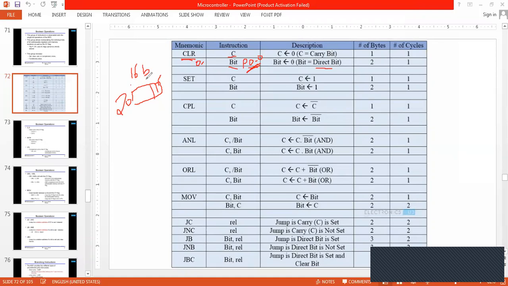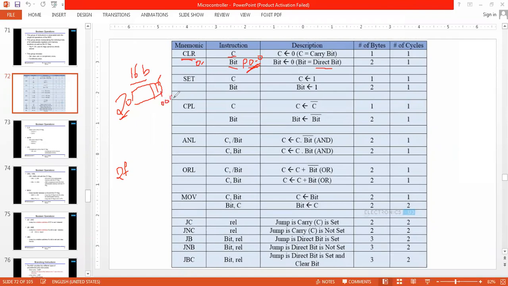The 16 bytes are from 20H to 2FH, correct? This is the address, and in that 20H, the address of the first bit is going to be 00H.